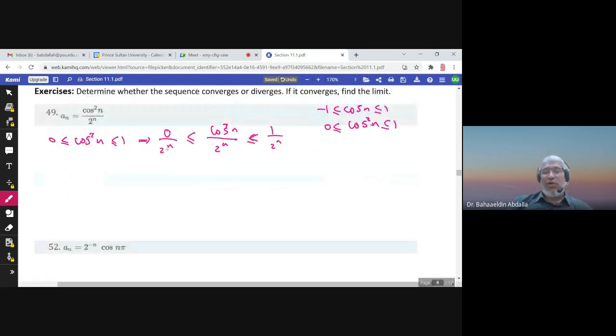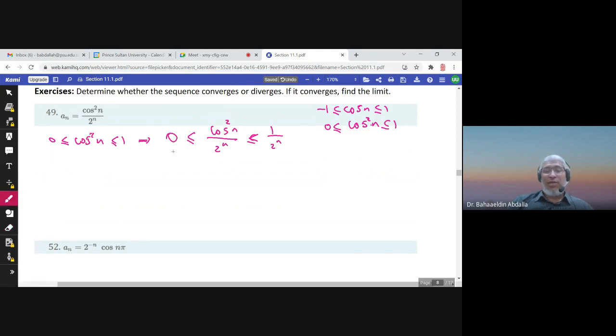Well, 0 over 2 to the power n is just 0. So now this sequence an is between two sequences, 0 and 1 over 2 to the power n.